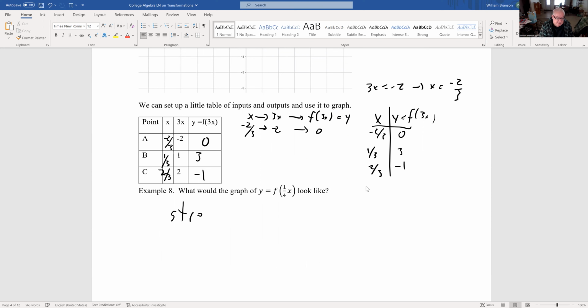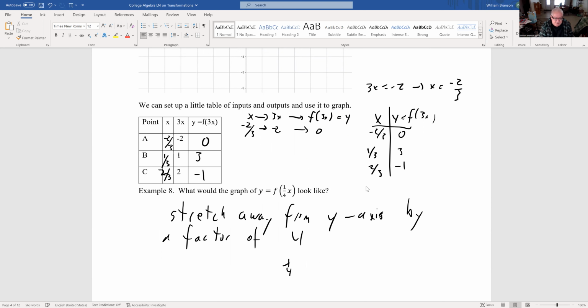And so here we would stretch away from the y-axis by a factor of 4, by the same kind of reasoning, right? If 1/4 x equals -2, we set up the same kind of table. x goes to 1/4 x goes to y equals f of 1/4 x.